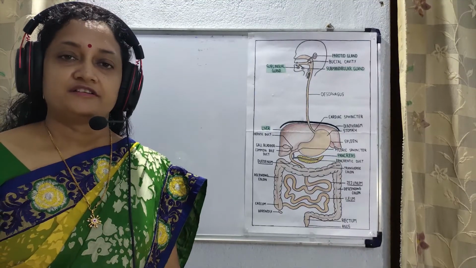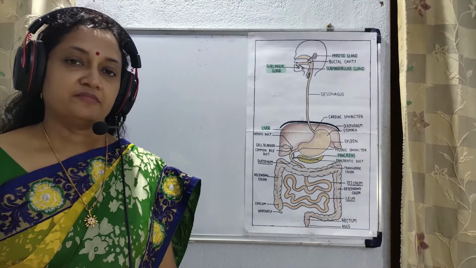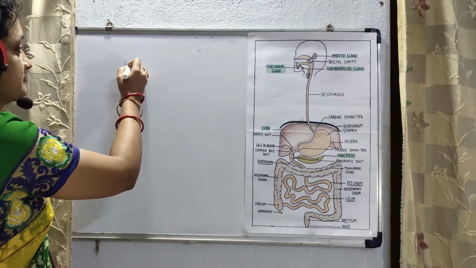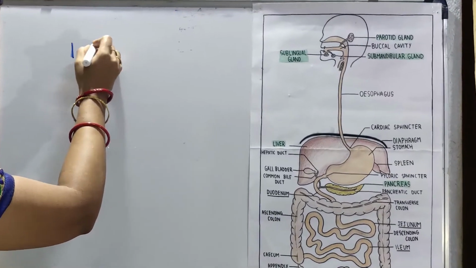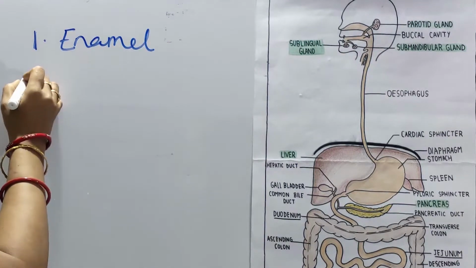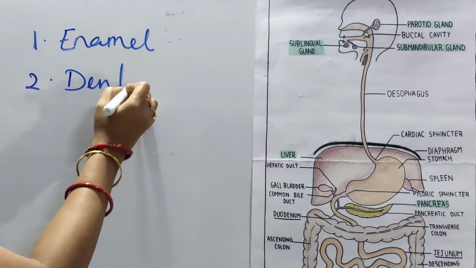Let us study the structure of an incisor tooth with the help of a model. An incisor tooth consists of the outer part which is known as enamel. Inner to the enamel is the dentine.